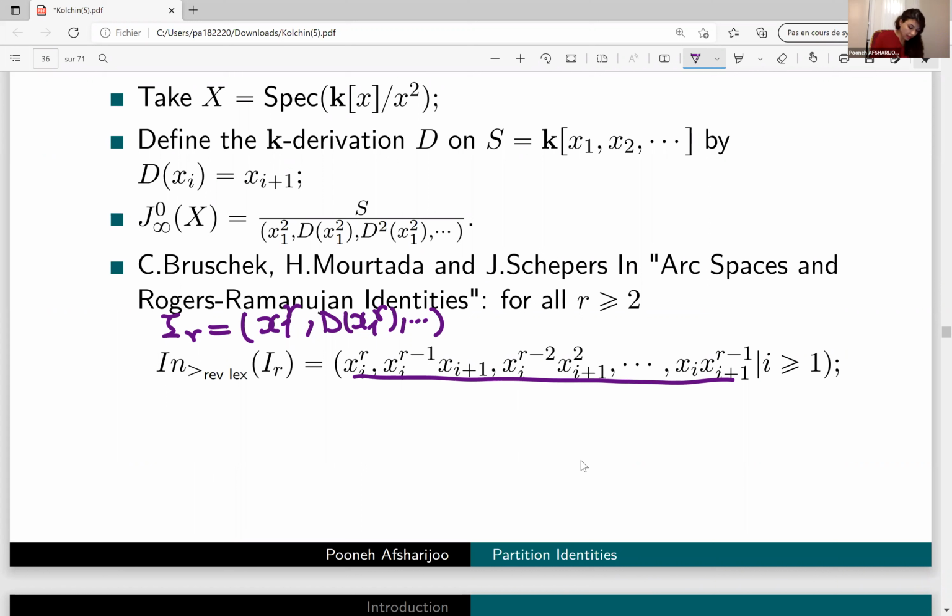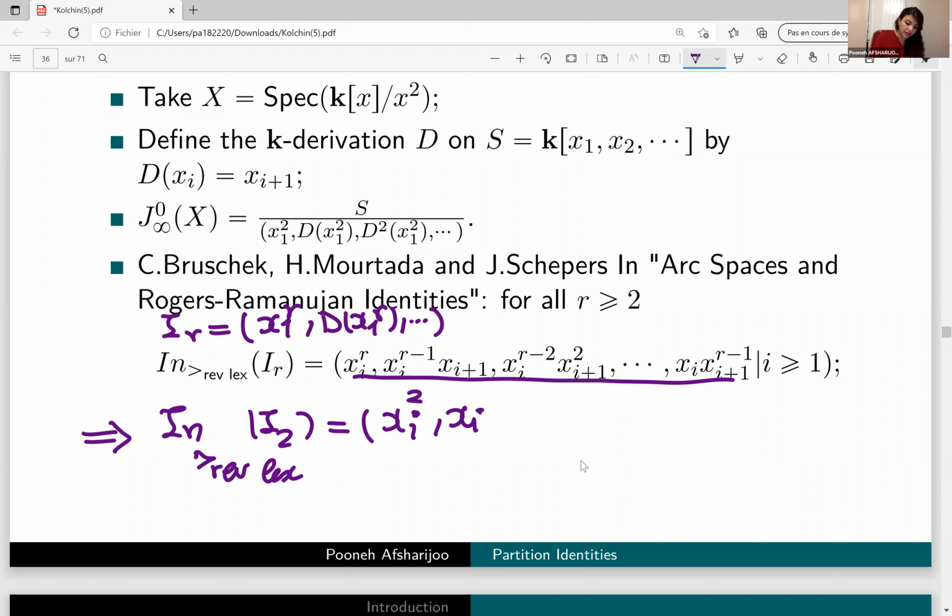In our case, r is equal to 2, so the initial ideal of I_2 with respect to the reverse lexicographical monomial ordering is generated by x_i squared and x_i x_{i+1} for i greater than or equal to 1.